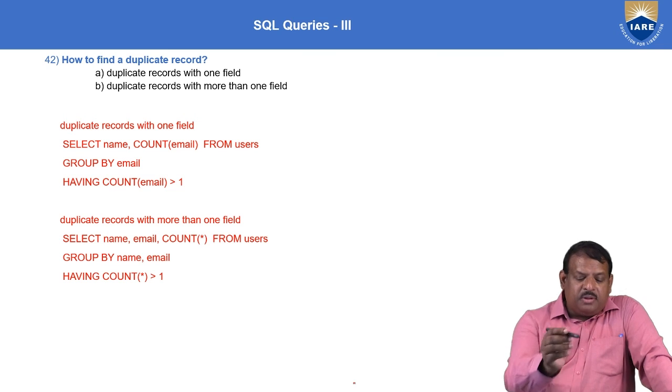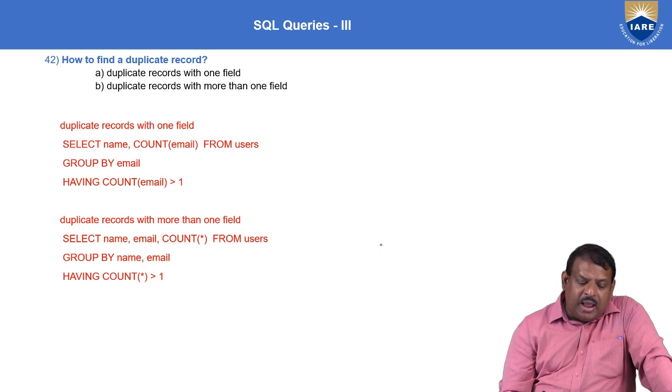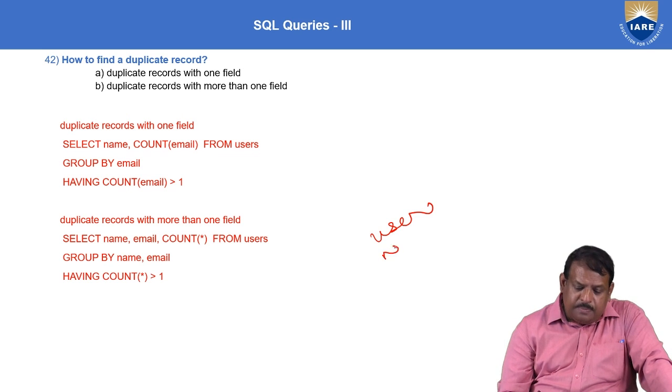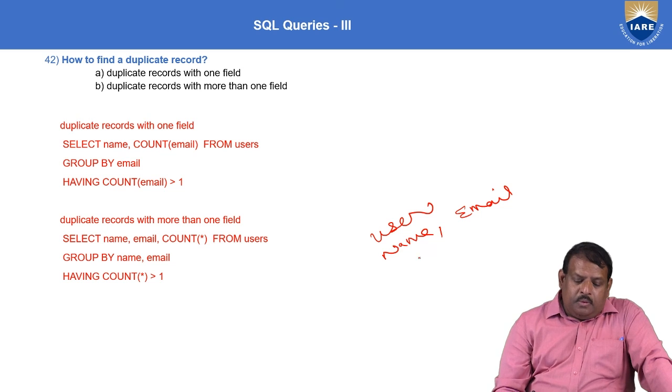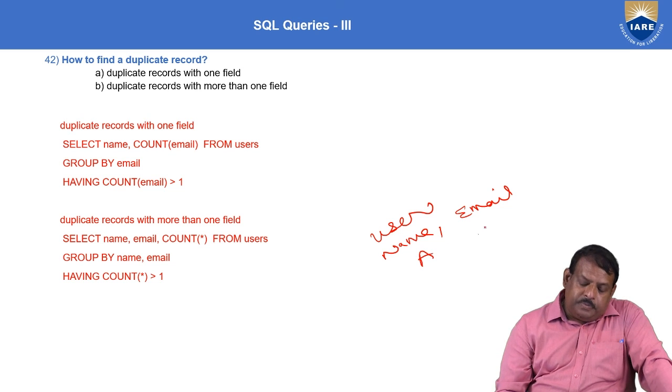Suppose I have some data like this. I have a users table, and I have name and email. My email is xyz@yahoo.com.